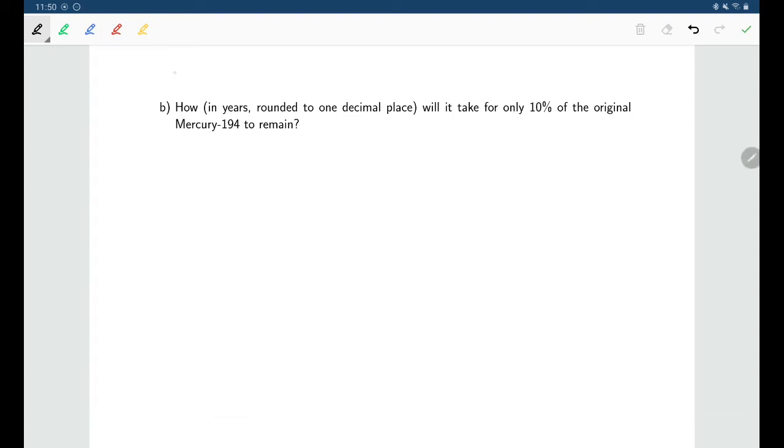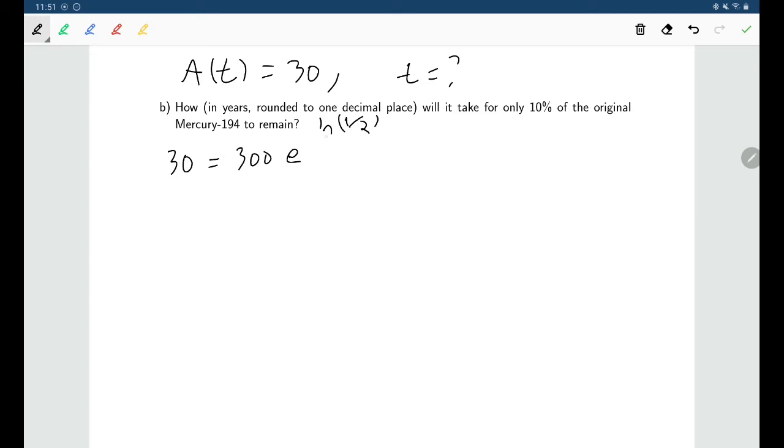Okay, so again, we are looking at the final amount to be 30 grams, and we want to solve for t. So 30 grams is equal to 300 e to the natural log of a half over 444 times t. And I'm going to do the same thing I've done before, which is to isolate my exponential function. So divide both sides by 300. 30 over 300 is the same thing as 1/10.